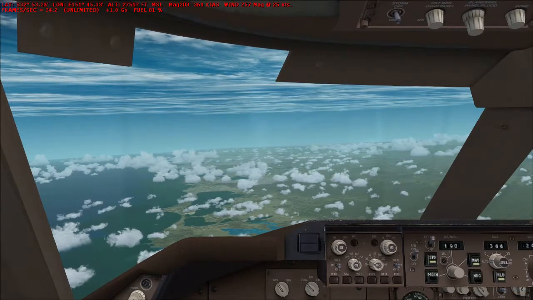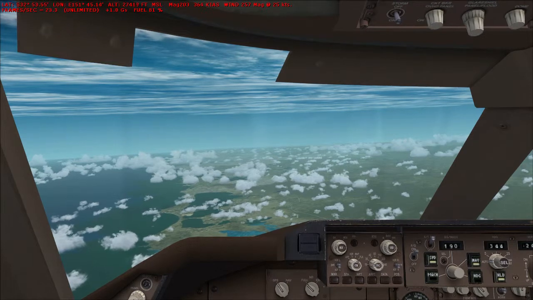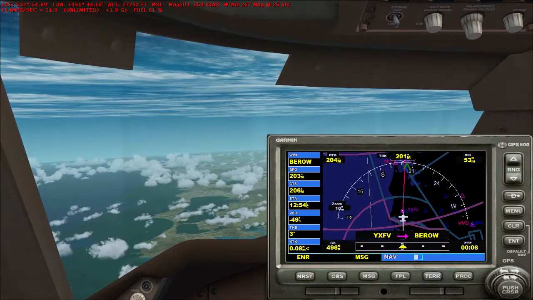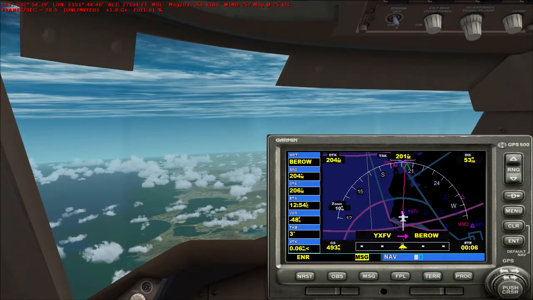Okay, now we're on our descent down to the Barara intersection, and that should take 6 minutes from where we are at the moment, 27,000 feet.